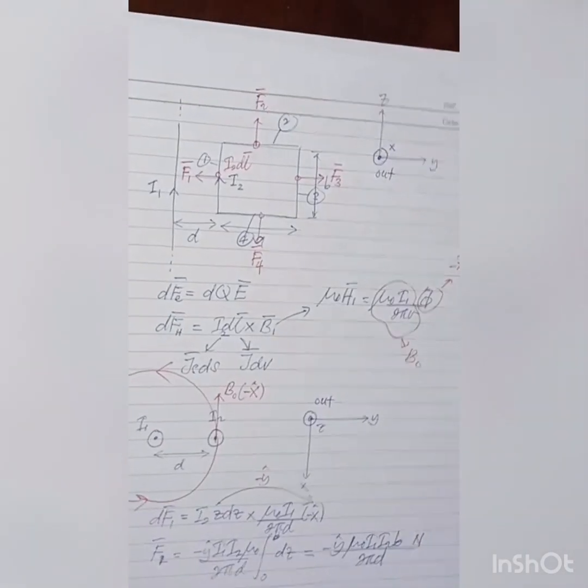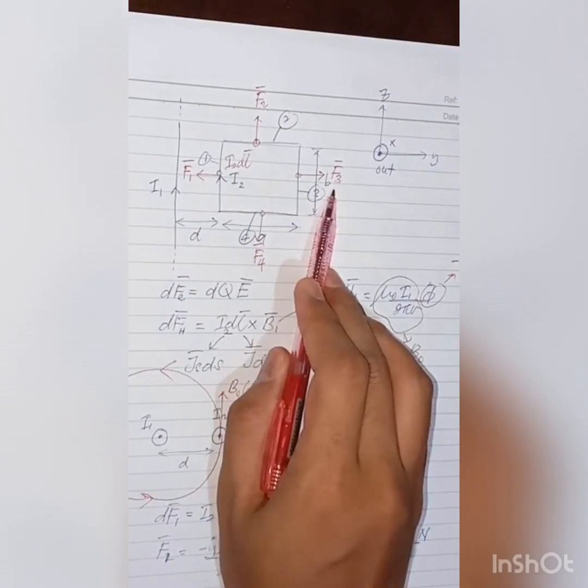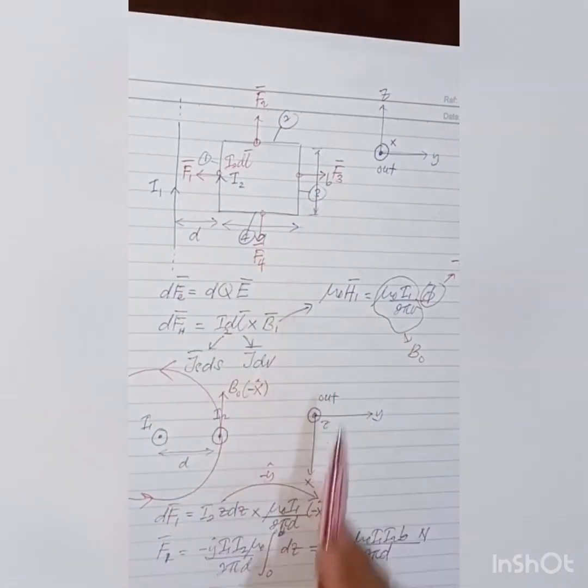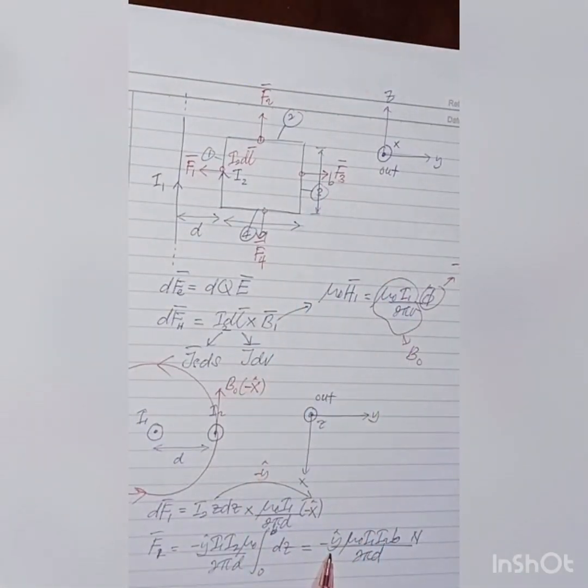Now the only forces that we finally have are due to F1 and F3, and F1 has a negative Y direction, and then F3 has a positive Y direction. Alright, and then we know that the D here for F3 becomes D plus A. So that's the only change that you can find from your equation of F3.